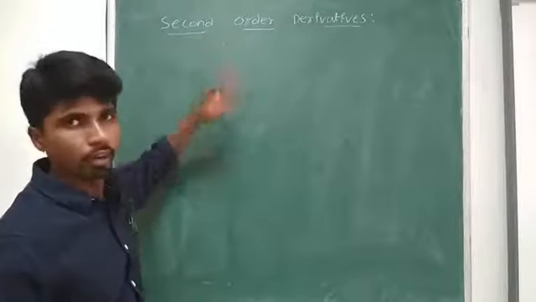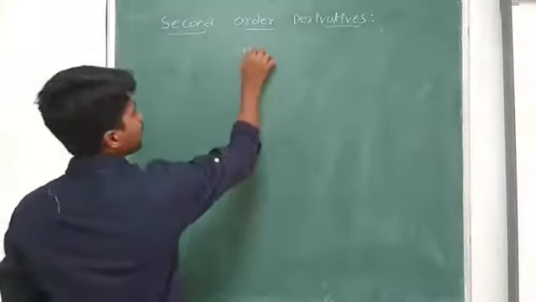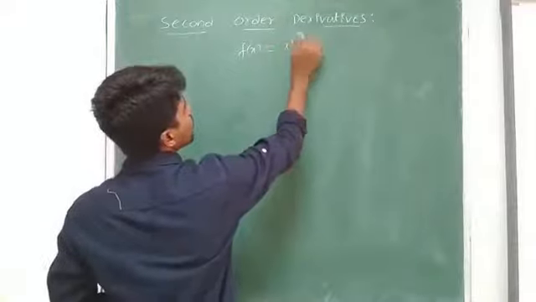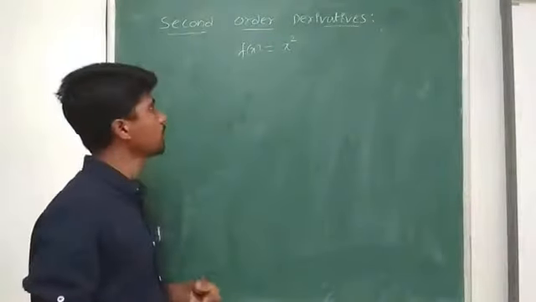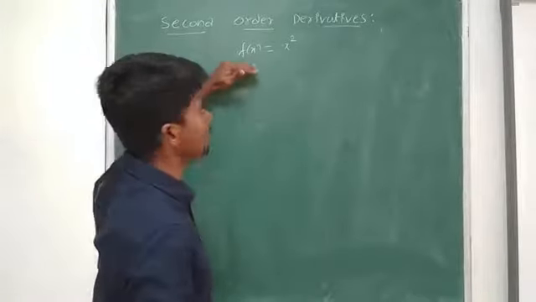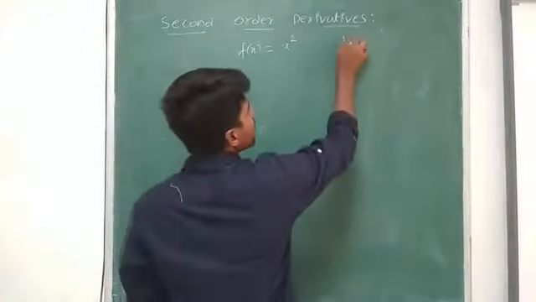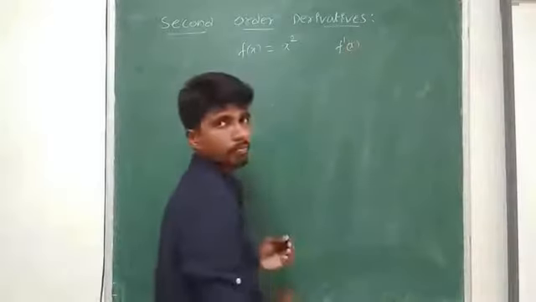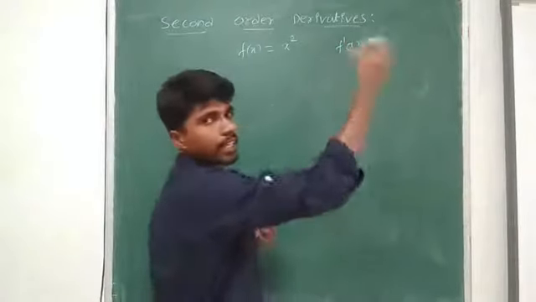So what do I get? Second order derivatives, nothing but derivatives only. So we do the derivative twice. Suppose we have a function f of x is equal to x square. We already learned the notations of derivative. We can write the derivative of the given function as f dash of x, which we read as f dash of x.